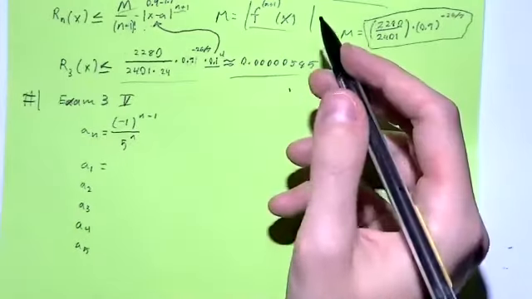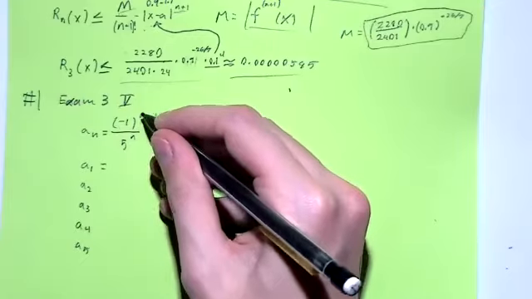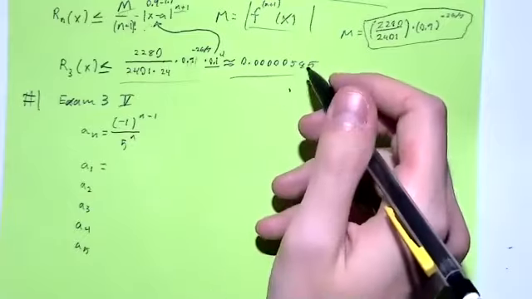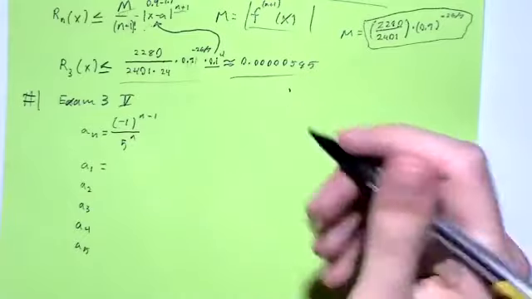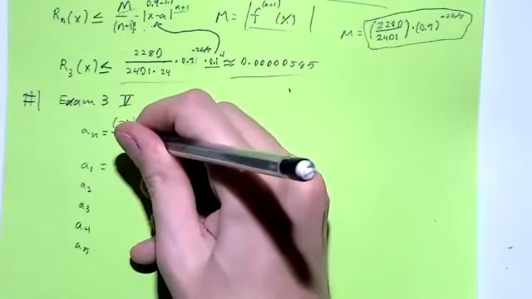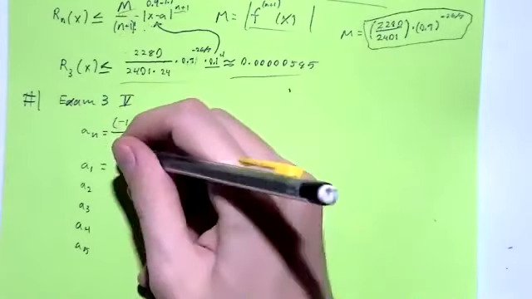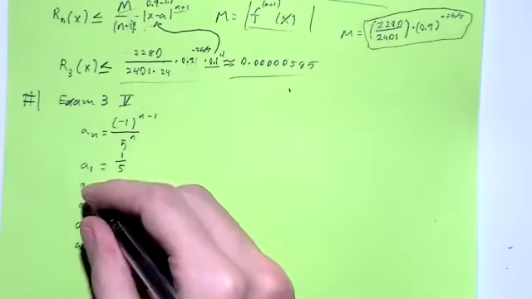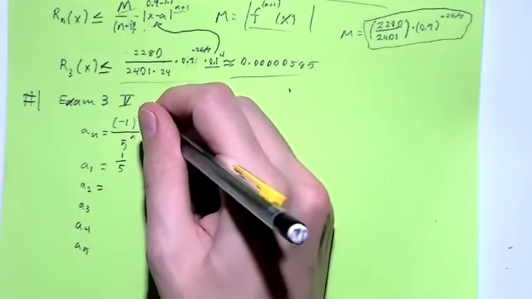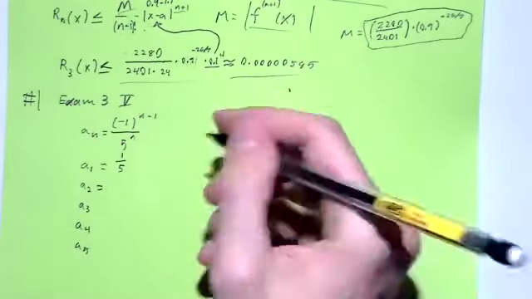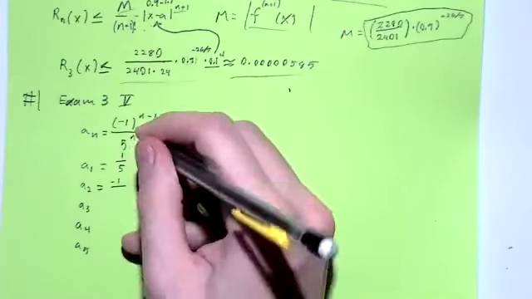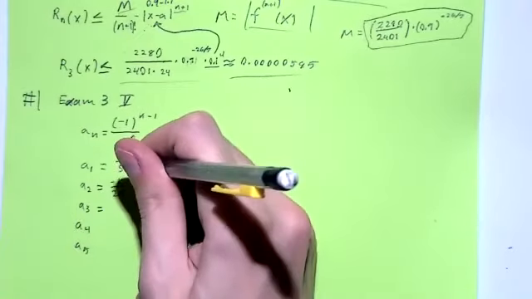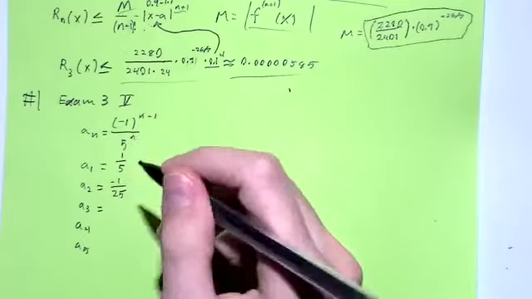For A1, we just plug in 1. So you get negative 1 to the 1 minus 1, which is 0. Anything to the 0th power, including 0, is 1. And then 5 to the first power is just 5. So we have 1/5. Now we have 2 minus 1, so negative 1 to the first power. So we'll have a negative 1 on top, over 5 squared. You'll notice quickly that this is just going to change between negative and positive.